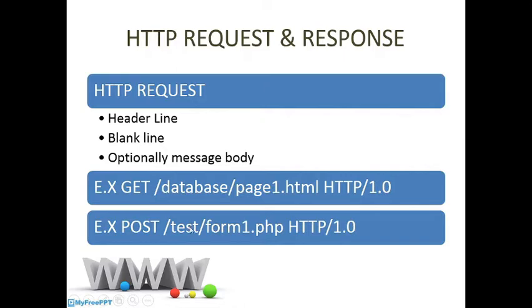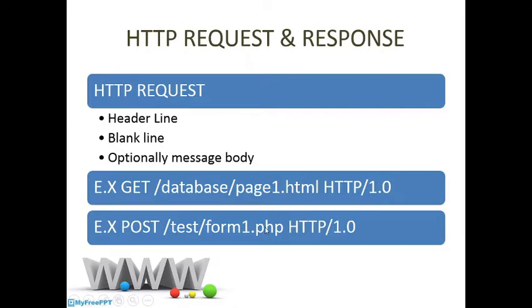Then the second example, POST /test/form1.php HTTP/1.0. Here this first part is the name of the HTTP method. POST is the HTTP method which is used for sending some information or some resource to the web server.